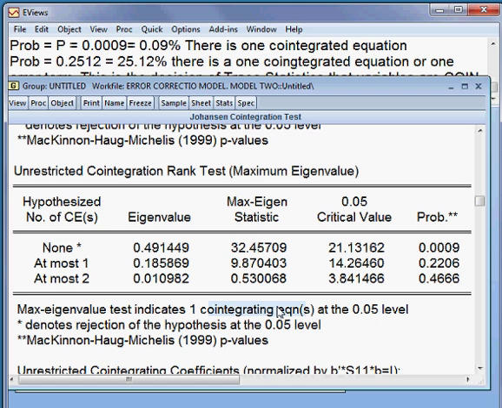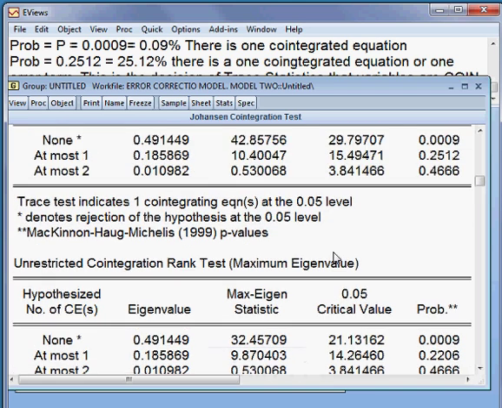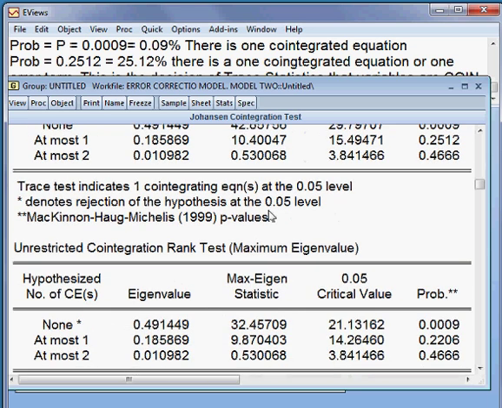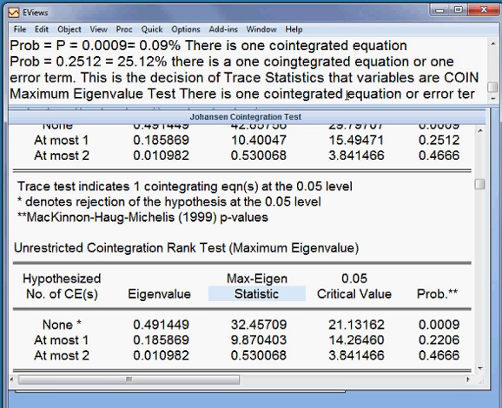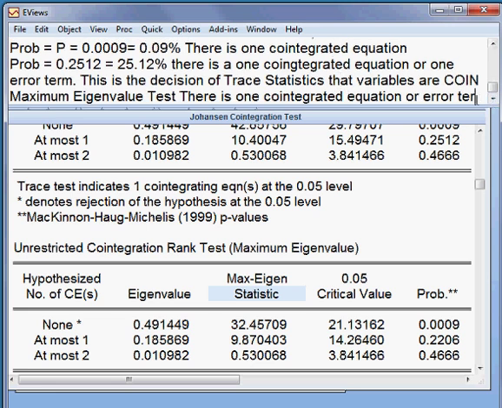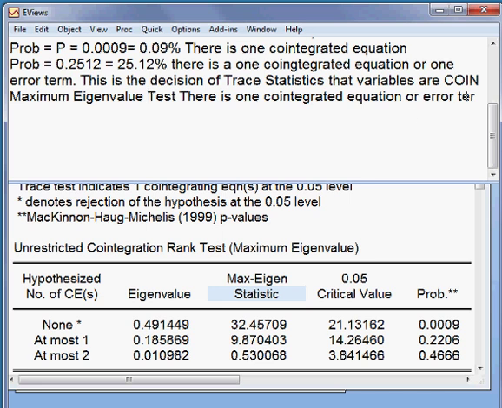Okay, so what is our decision from the trace statistics and max eigen statistics? That decision is our three variables, such as GDP, then LR and money supply, are co-integrated, meaning that they have a long run relationship.